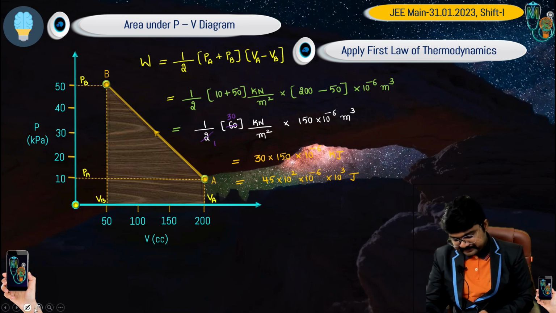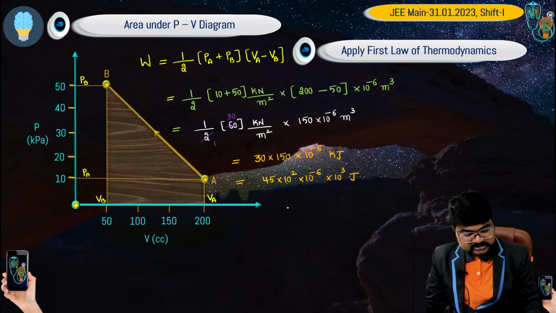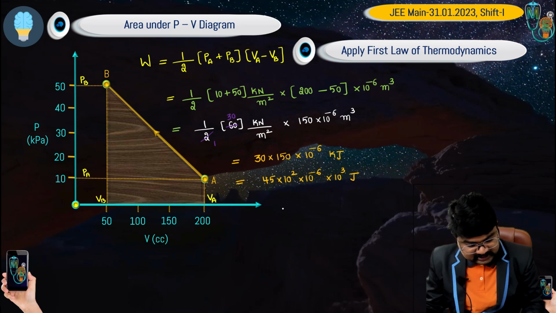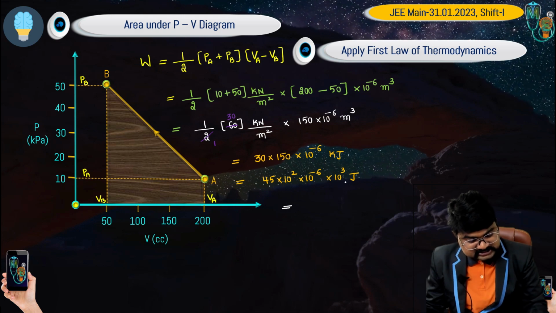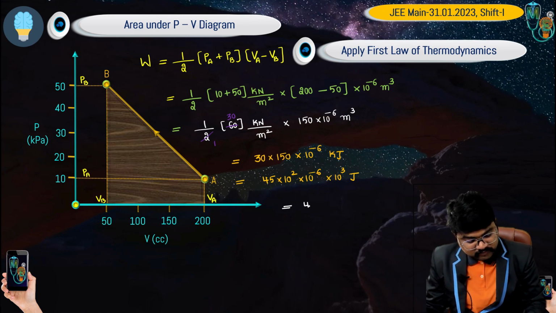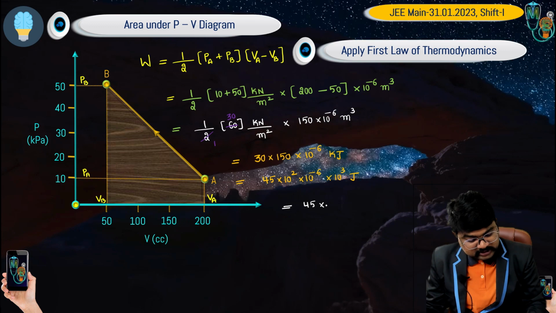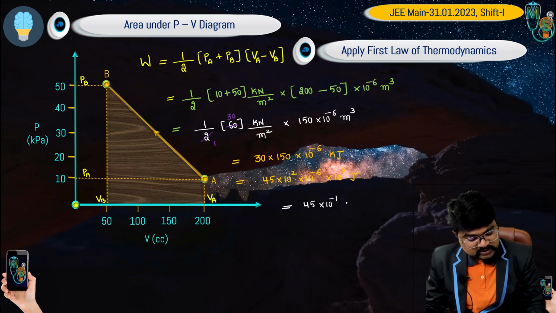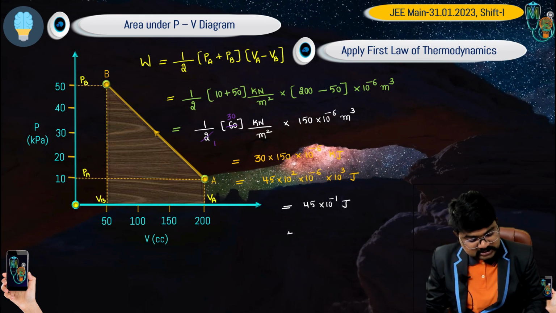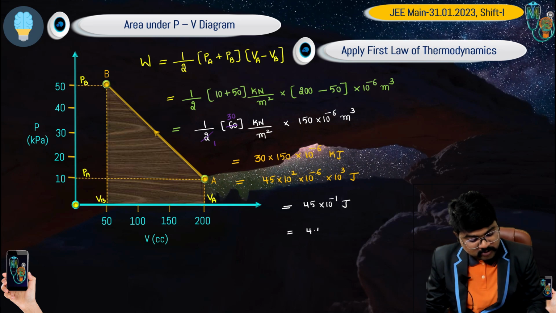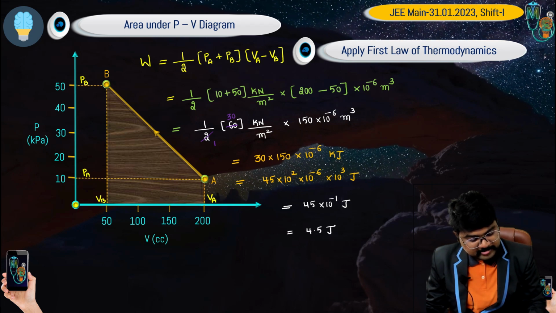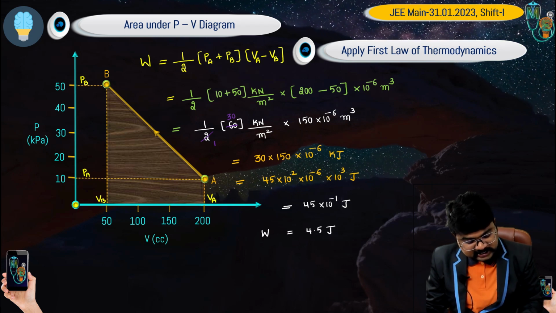Finally, it is 45 into 10 power minus 1 joule. So here you will be getting 4.5 joule. This is the work done.